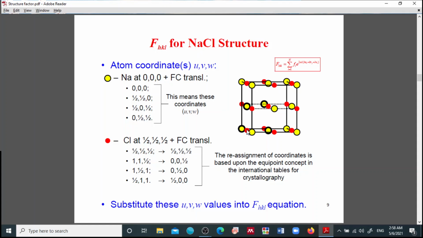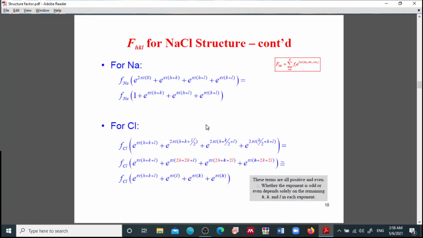So this is 1 chlorine, which is 0 0 half, and we have 0 half 0 and 0 0 half. Okay, so let's use these indices.